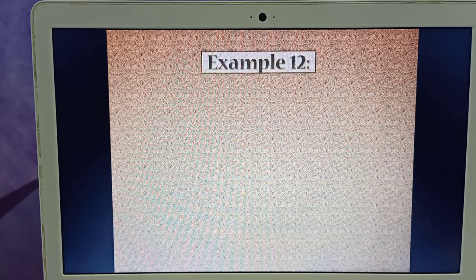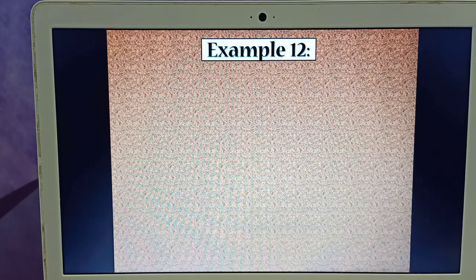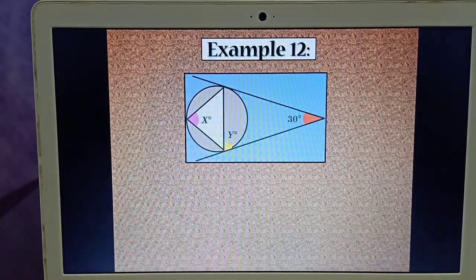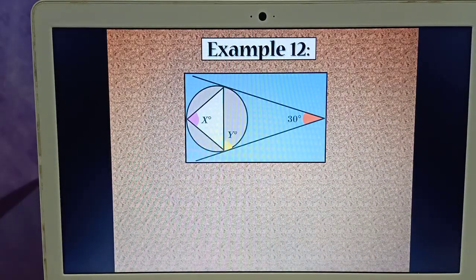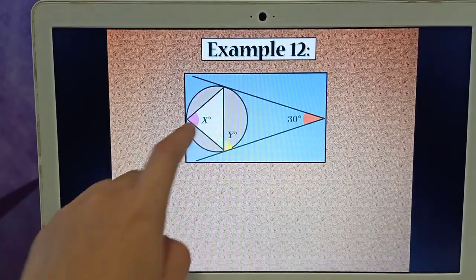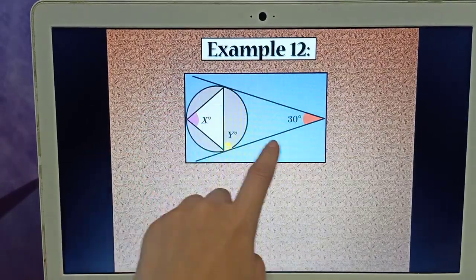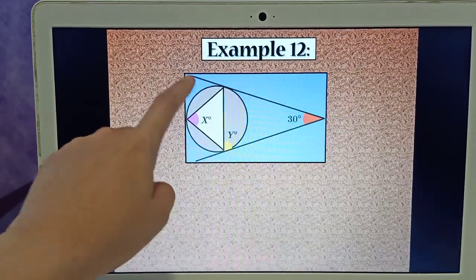Let's look at some examples regarding the properties that we discussed just now. Now let's look at this diagram. You see a circle and two tangents here.